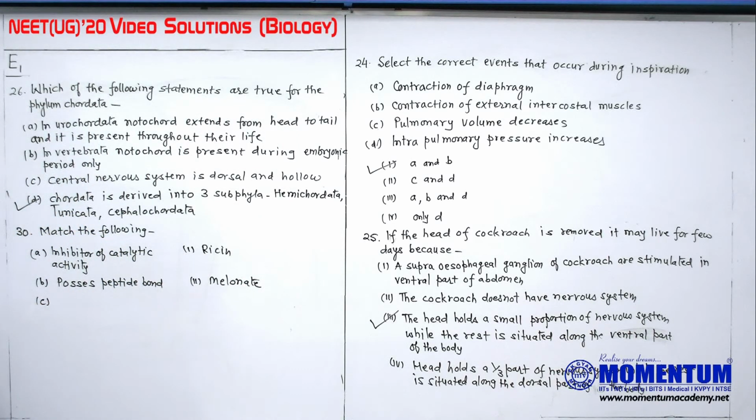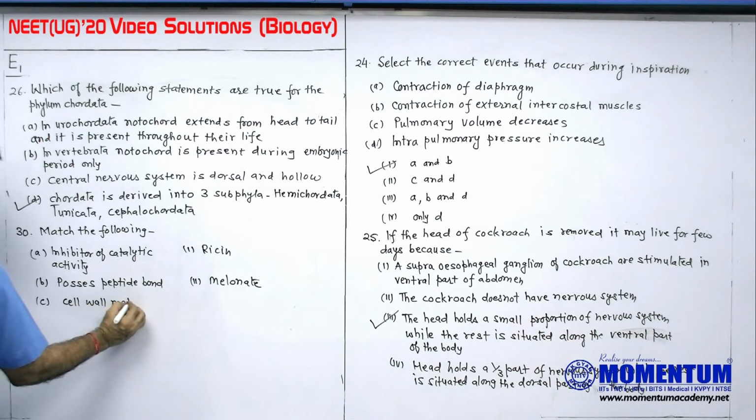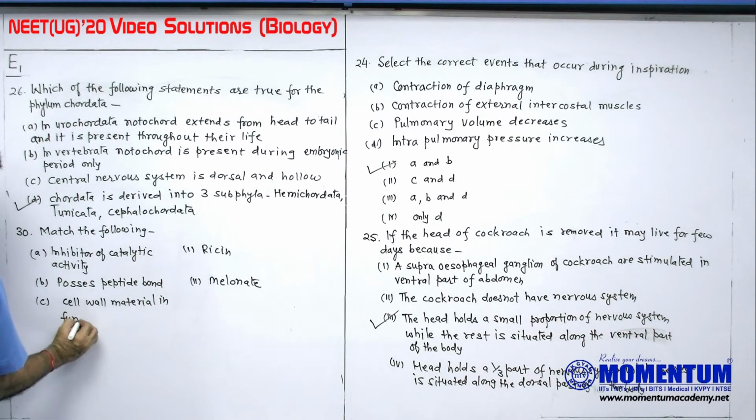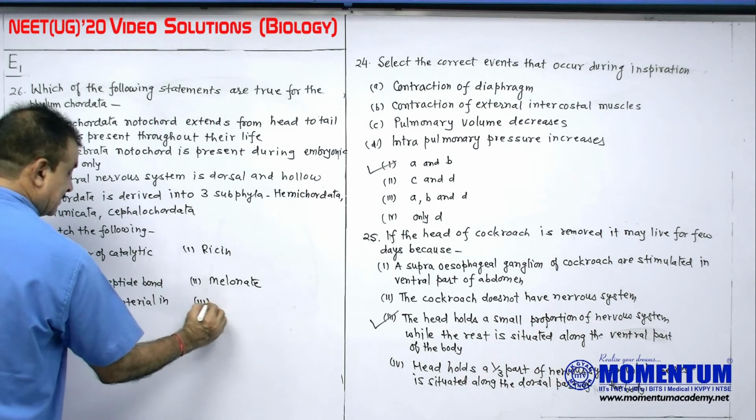Then C, cell wall material in fungi, that is chitin.